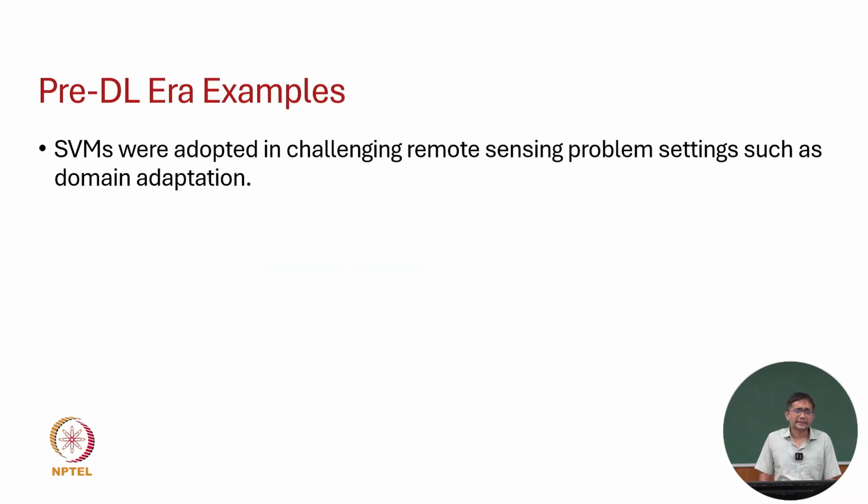Now, we have already seen a few examples of how SVM was used in several classification, semantic segmentation, hyperspectral classification use cases in the pre-deep learning era. The question one could ask is, were SVMs just restricted to such straightforward classifications or pixel-wise classification, which we call semantic segmentation, use cases?